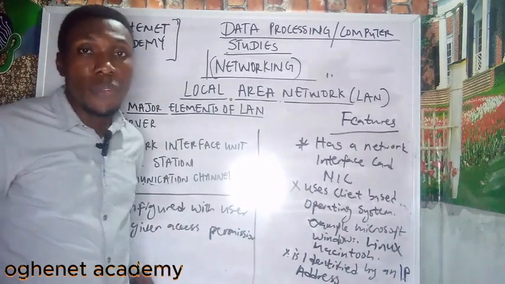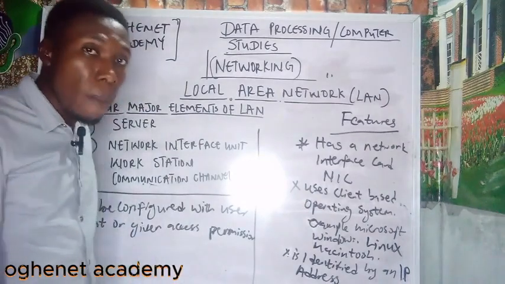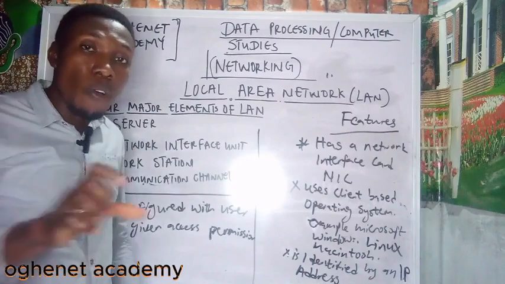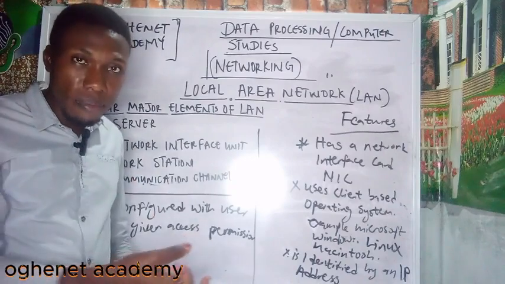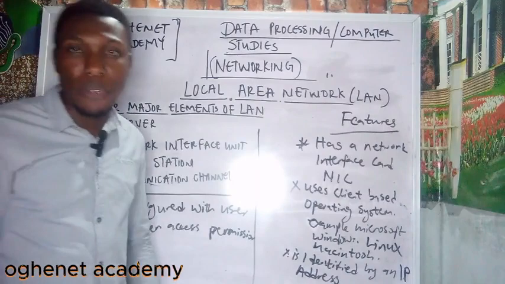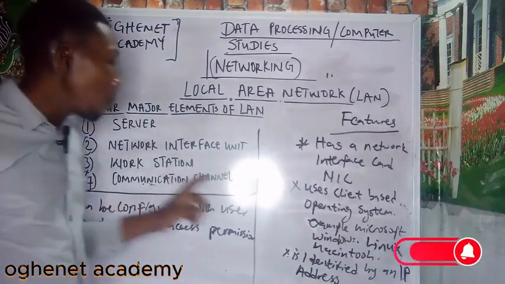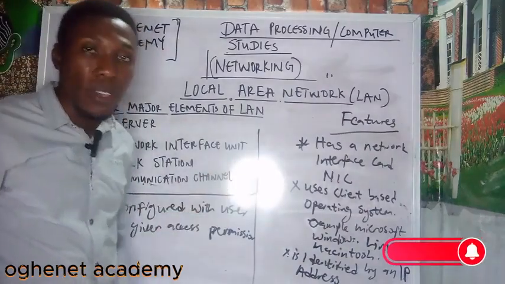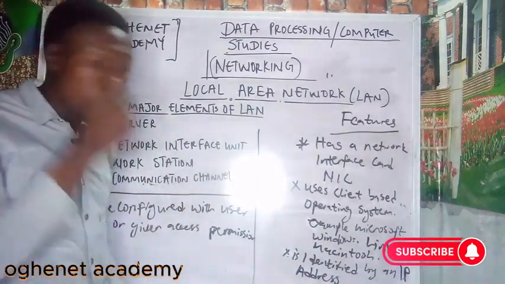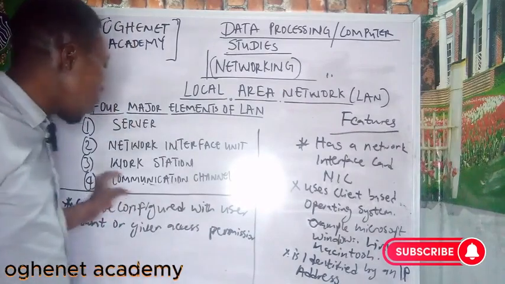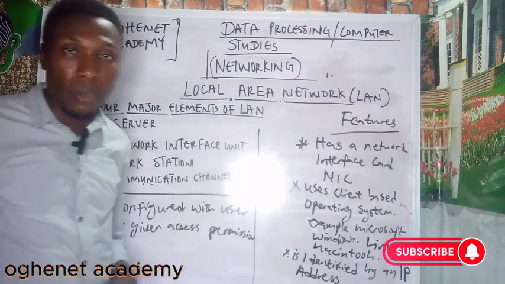And since we are making use of cables, those cables or wires, if you like, are what is called the communication channel. So in the next tutorial, we are going to talk about the communication channel.